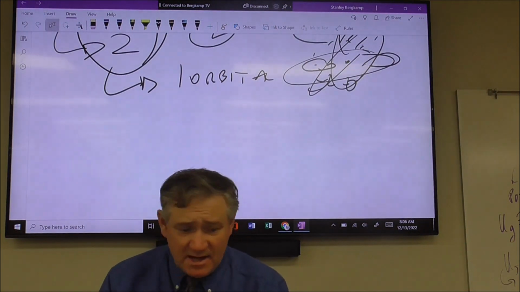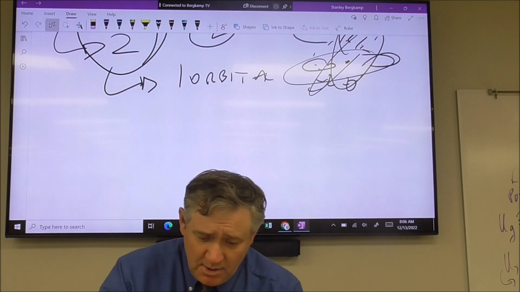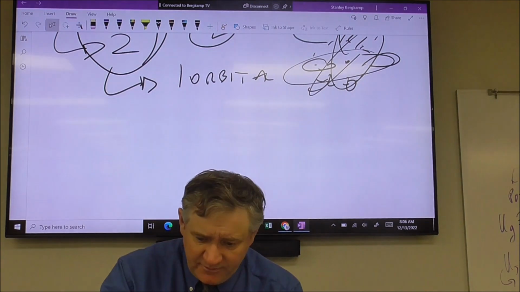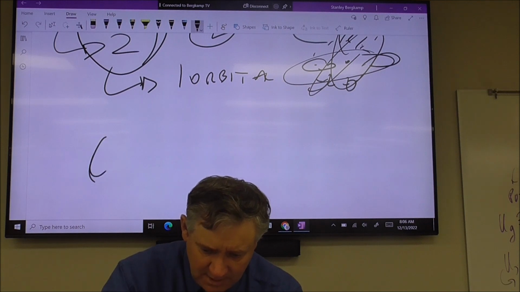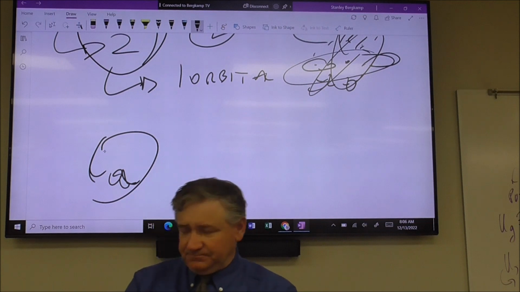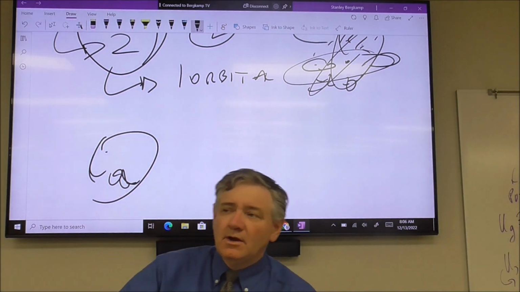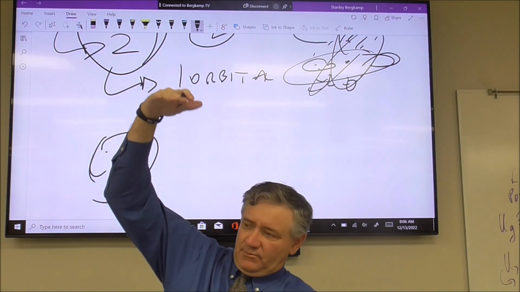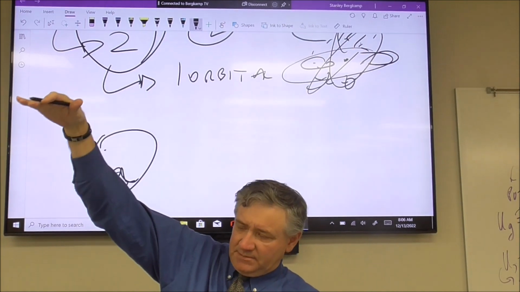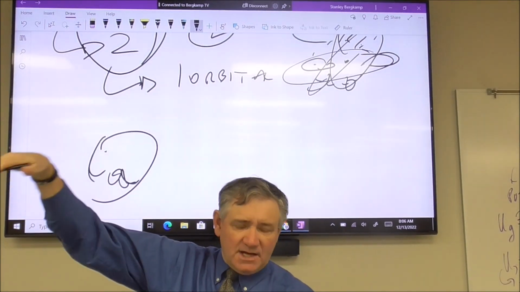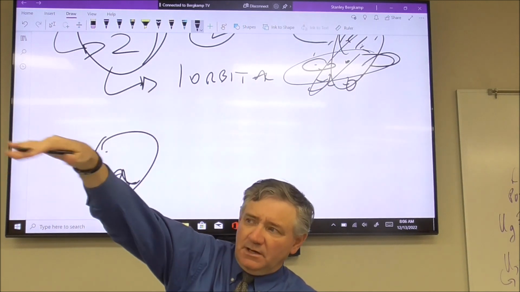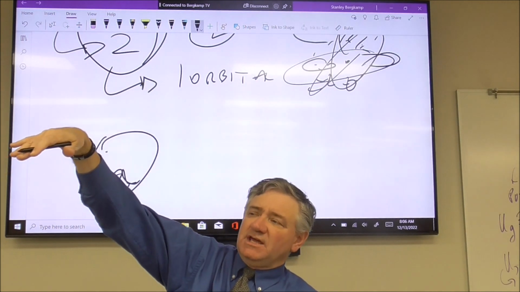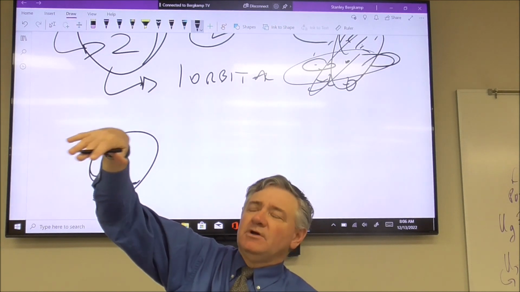So let's say that I ask you to write the electron configuration for calcium. Here's the shortcut. Go to the row above calcium and find the noble gas in the row above calcium. Look at your periodic table.